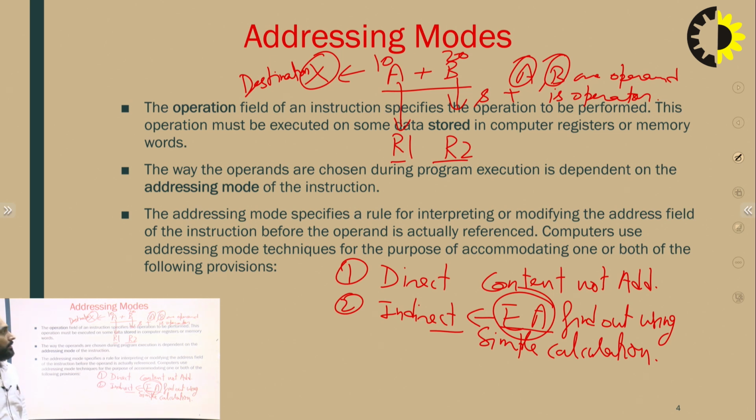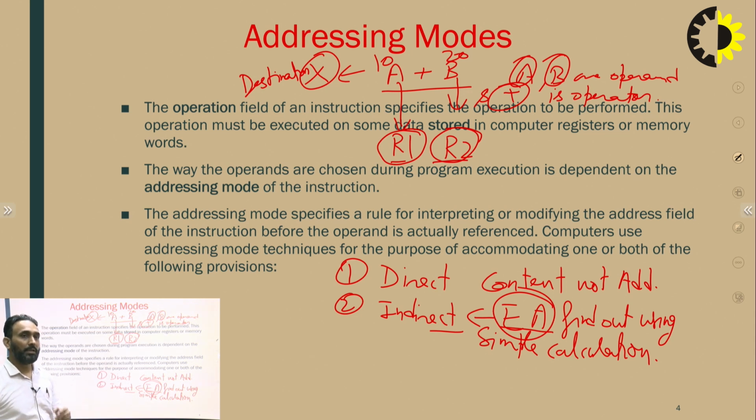The concerned operation or opcode is performed with the help of the ALU. Now the concern arises: how to collect the value of R1 from the register and how to retrieve the value of R2? For that, the processor uses different addressing mode methods.